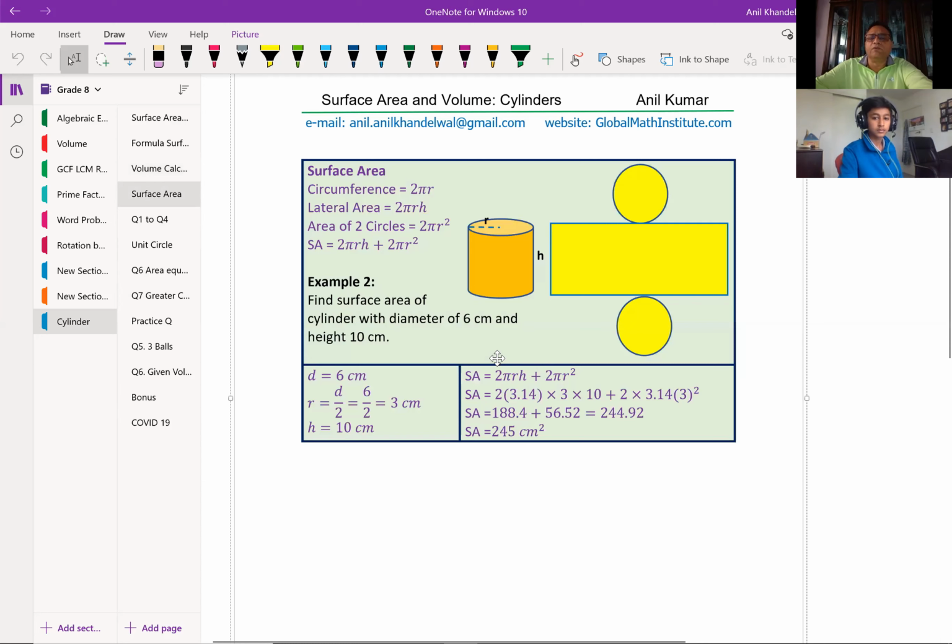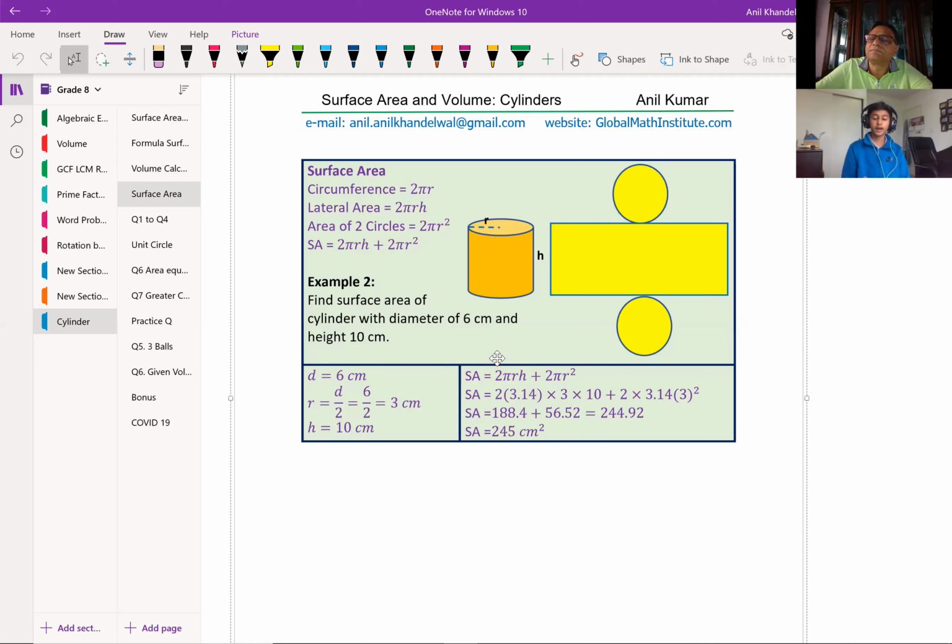Now, to begin with, let's also find the surface area of a particular prism, the cylinder with diameter of 6 centimeters and height of 10. So what steps will you follow to get this surface area when you are given diameter and height?